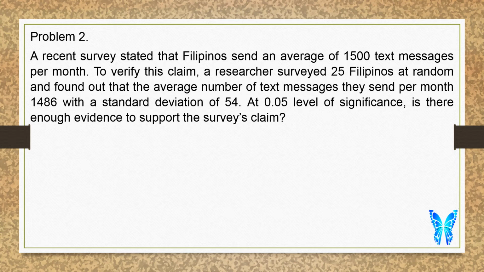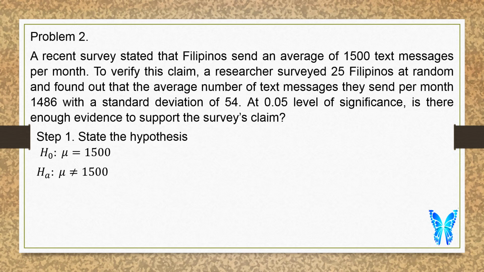Since this problem is non-directional, we have to divide the 0.05 by 2 as our level of significance, because we are going to get the critical region from both sides of the bell shape, the negative and the positive value. We will use the t-test in this type of problem because our sample, which is 25, is less than 30. So we have here step number 1, state the hypothesis.